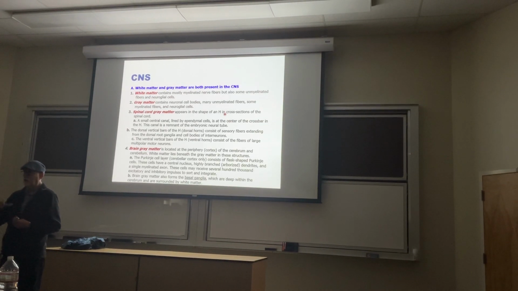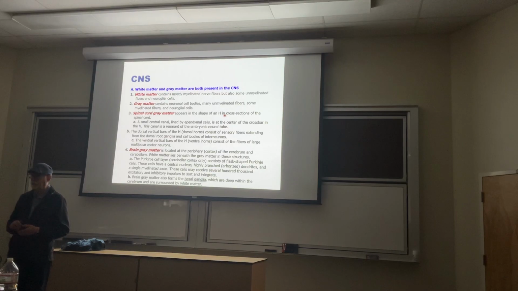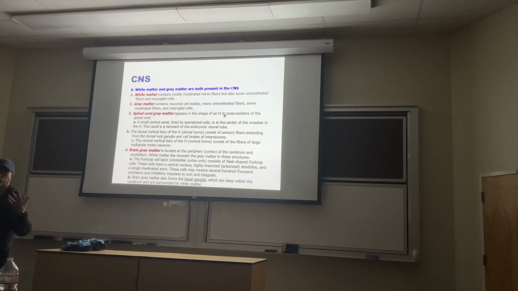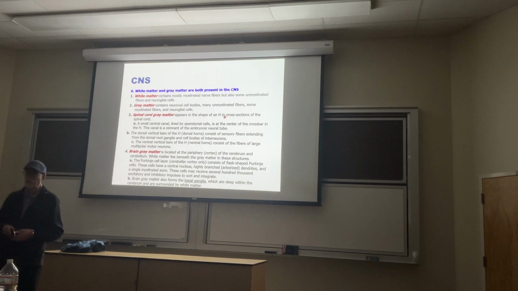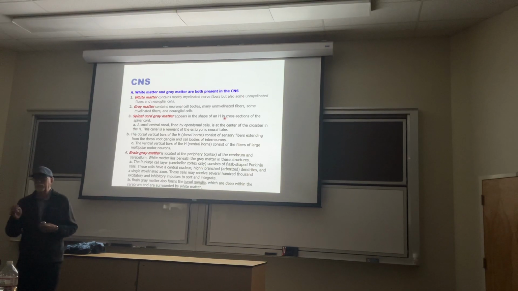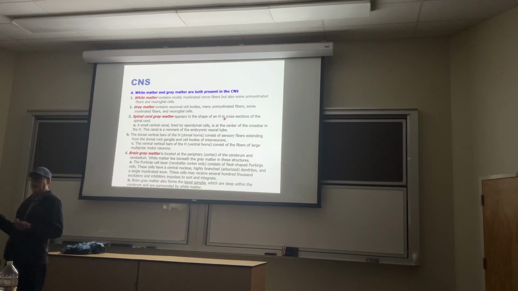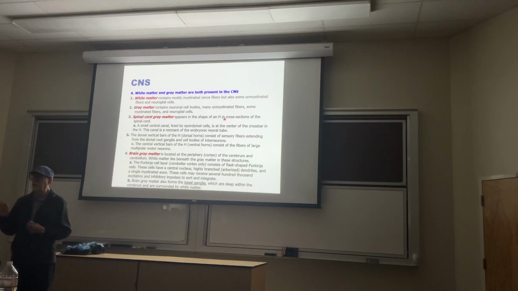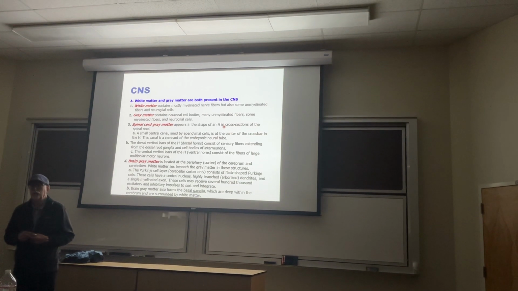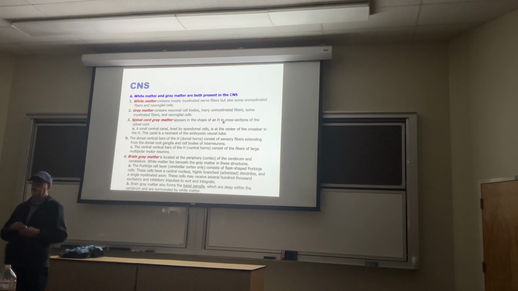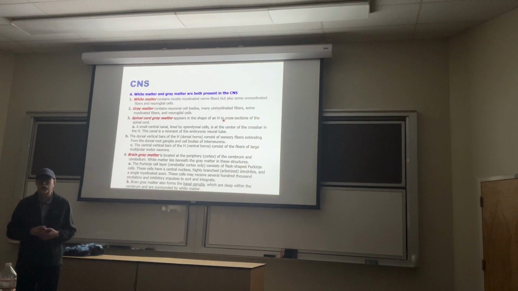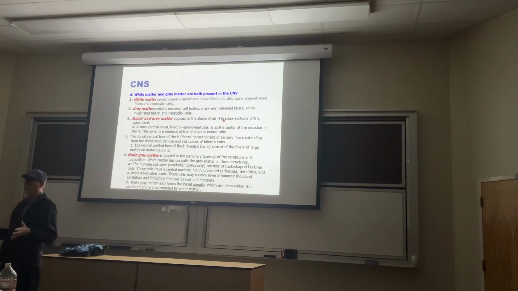It's not what it looks like under the microscope, but it's what it looks like without the microscope. The white matter is composed primarily of axons, most typically myelinated axons. So this is where we're having transportation of information throughout the white matter.